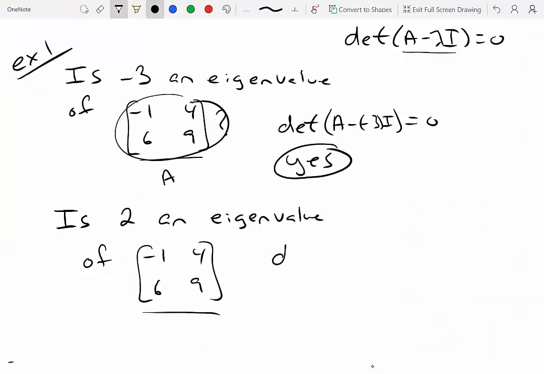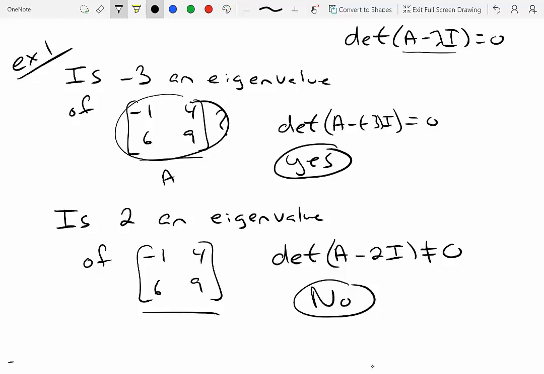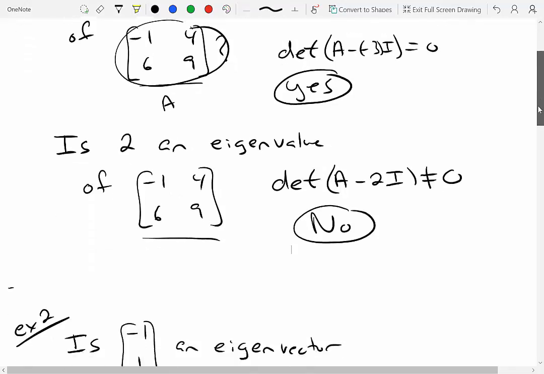So here, the determinant of A minus 2 times I is not equal to 0, so therefore the answer is no. Pretty straightforward if I give you a matrix and say, hey, is this value an eigenvalue? Pretty easy to say yes or no.